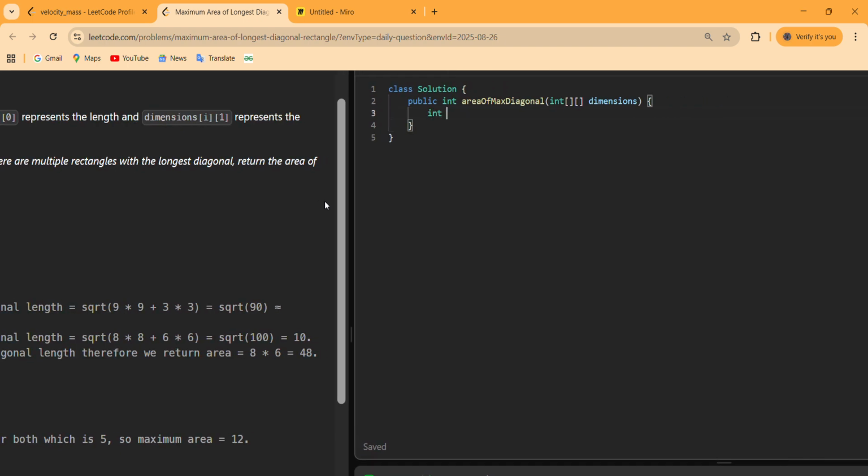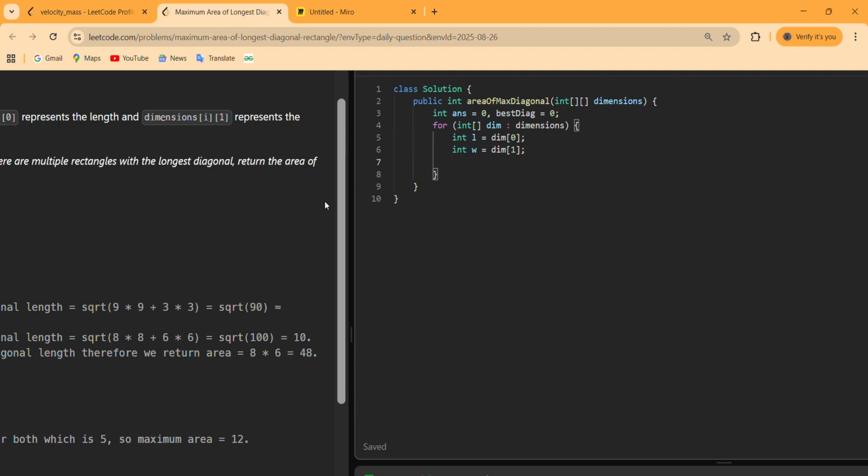We have to find our answer and our best diagonal till now. Iterate over dimensions, where the length L will be the 0th index and the width W will be the first index.